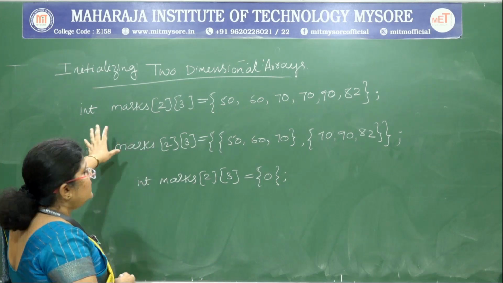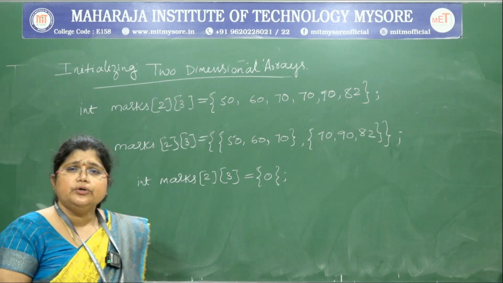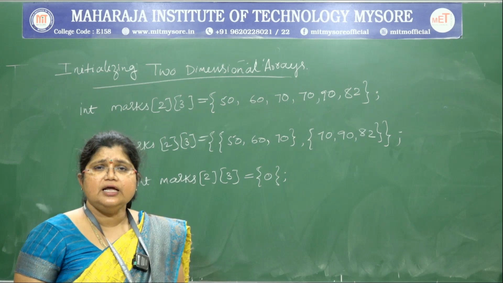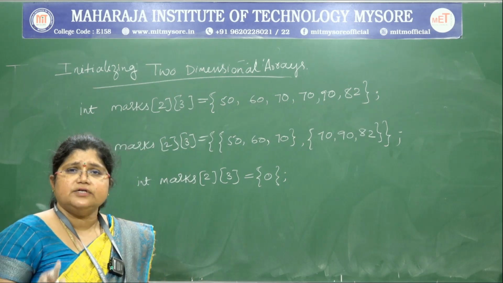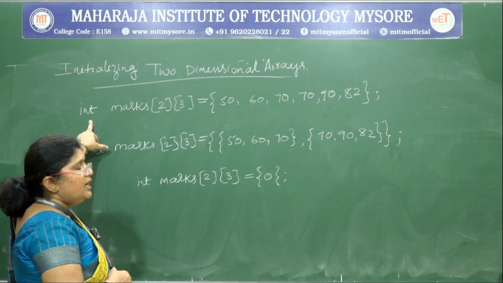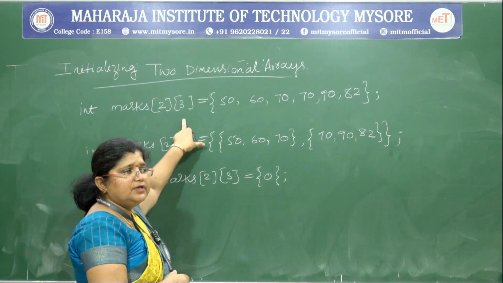Now let us look at the int data type. You know how we declare a two-dimensional array. The syntax is first the integer data type, then the name of the array, the size of the rows and the size of the columns.